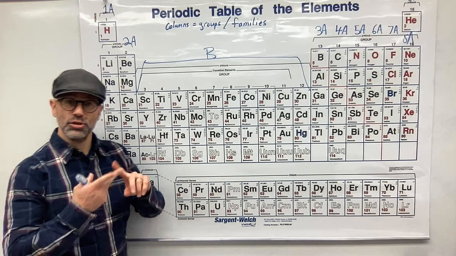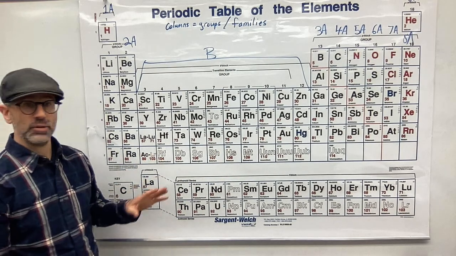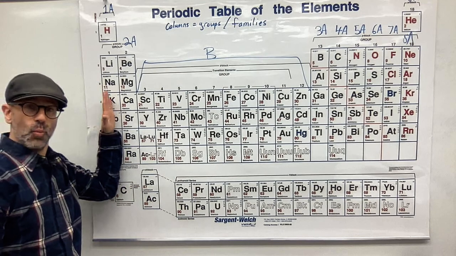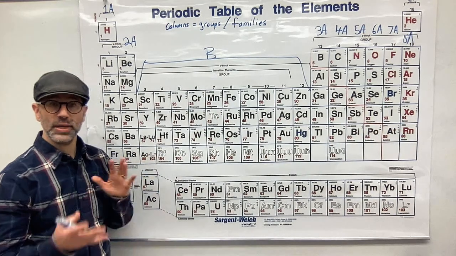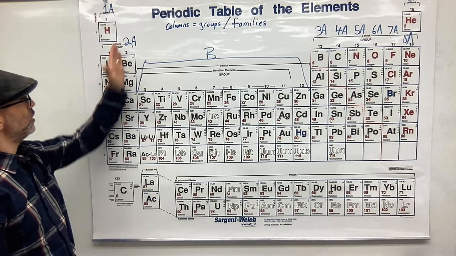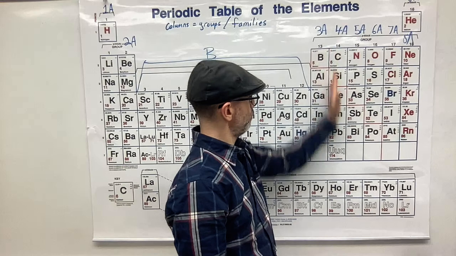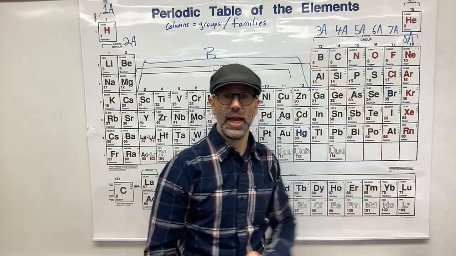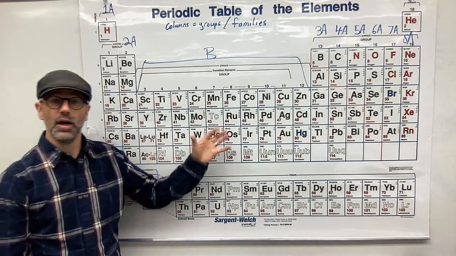And so again, there are two different ways of numbering the groups or families. So you can either number them 1 through 18 all the way down, or you could divide it between A and B. So the A groups would be 1A, 2A, and then skip over these, and then 3A, 4A, 5A, all the way to 8A. And so that's the second way of numbering.